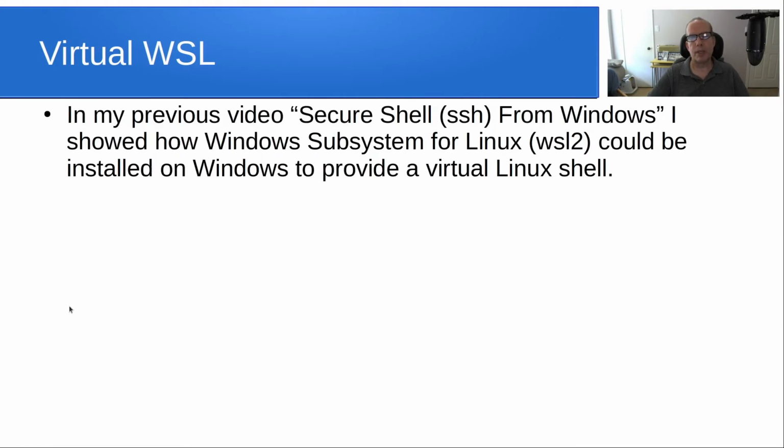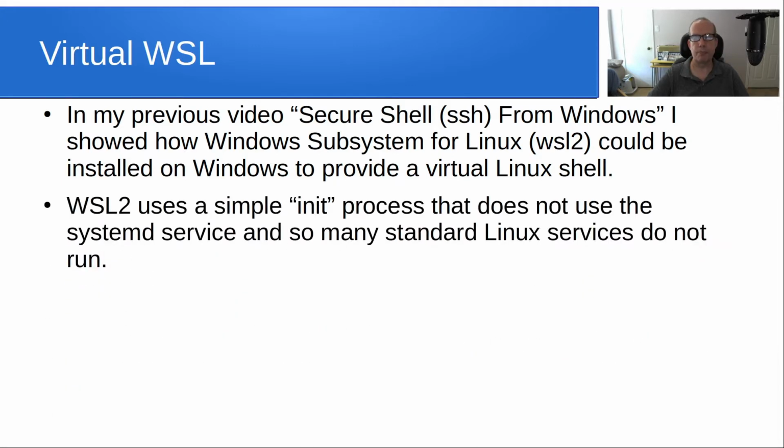So, in my previous video, Secure Shell SSH from Windows, I showed how the Windows Subsystem for Linux could be installed on Windows to provide a virtual Linux shell. WSL uses a simple init process that does not use the systemd service, and so therefore many standard Linux services do not run.